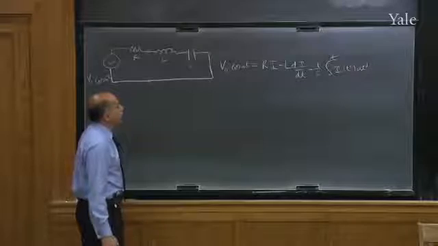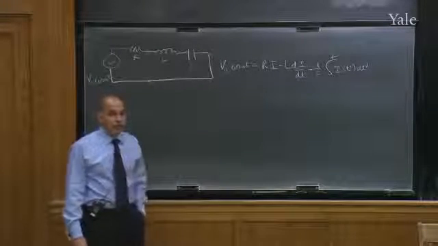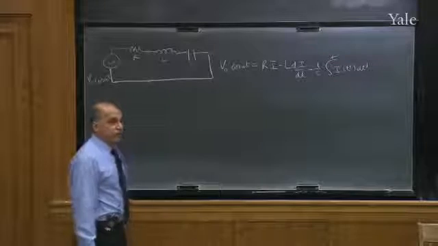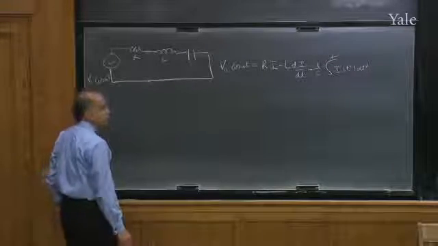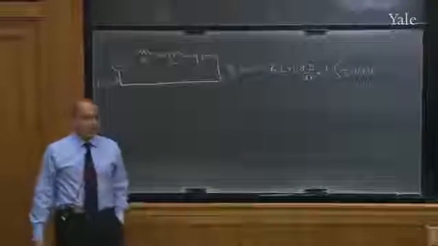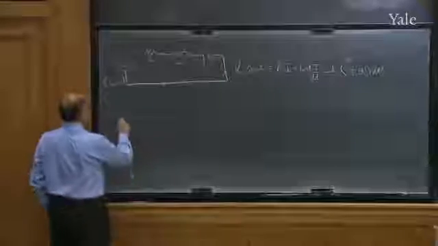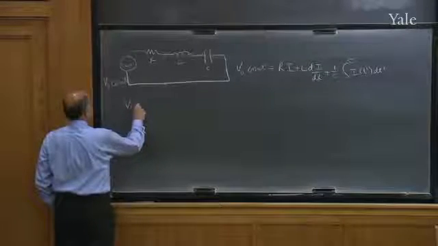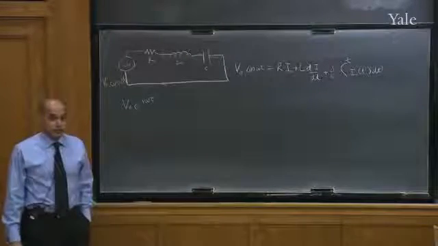He put to work some ideas that may seem esoteric because they involve complex numbers, but it makes life tolerable for people doing circuit theory. And here is the trick. I ignore this problem, and I solve the following problem, a purely mathematical device. The problem I solve has a voltage V naught e to the i omega t.